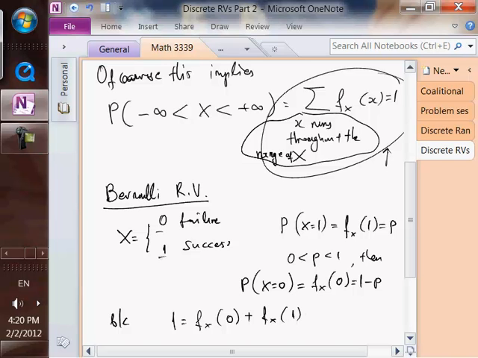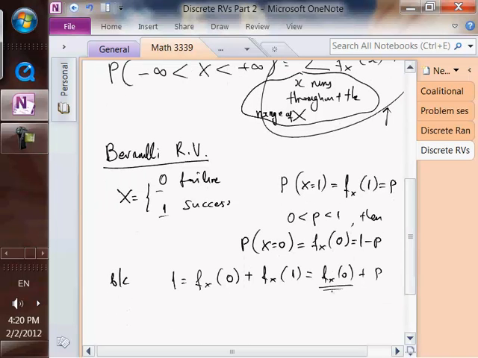And those are the only two values the random variable has, so we only sum two terms. That should be, the first should be this, but the second is p, and that equation that I have here implies that the value of the density of X at 0 is equal to 1 minus p.